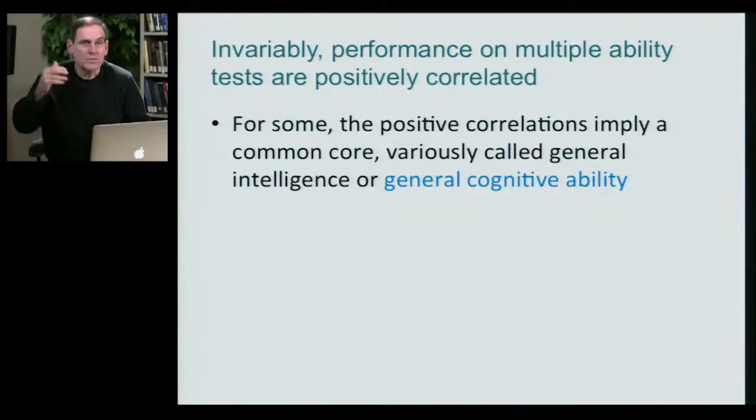That's why people who do well on one tend to do well on the other, because they have some sort of general ability that allows them to do well across the board. That general ability they call general intelligence, or, and I prefer the term, general cognitive ability. It's the common core that underlies this positive correlation that allows people, if they're doing well on one, to do well on the other test as well.